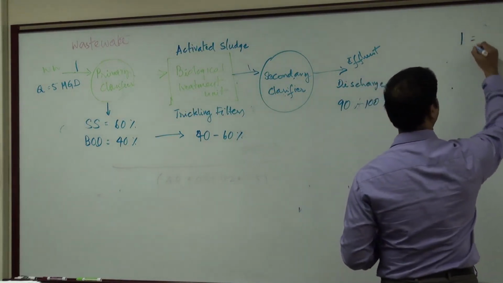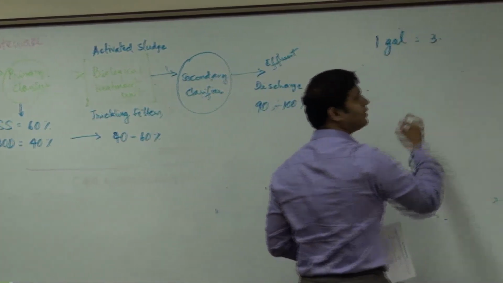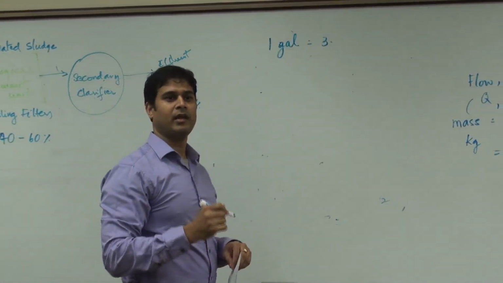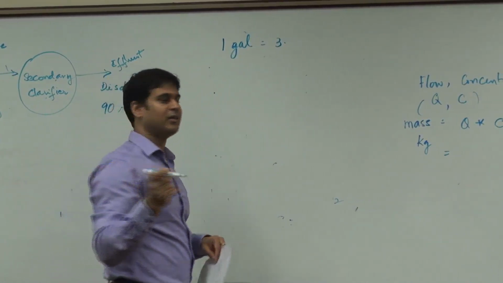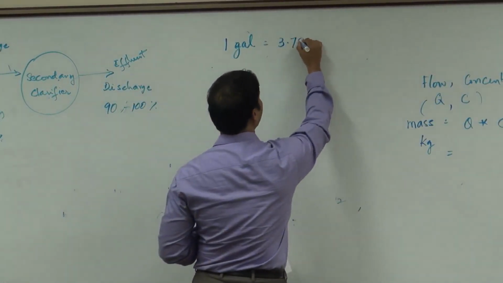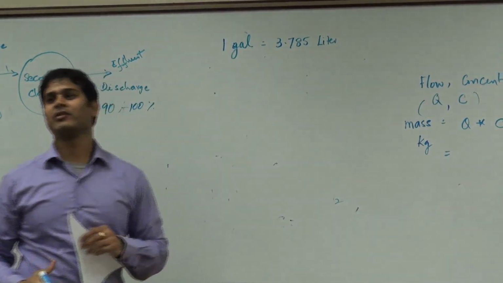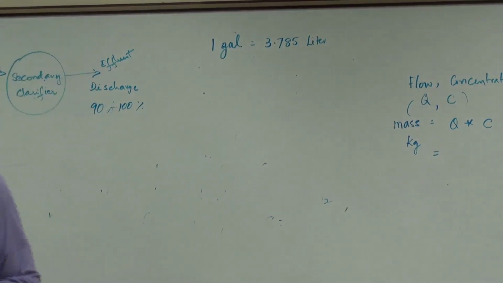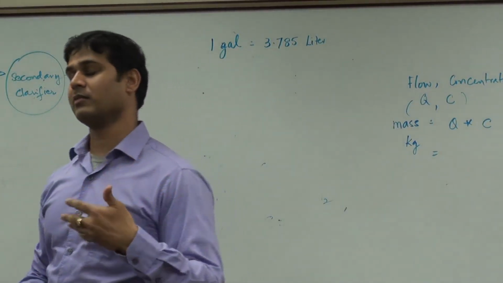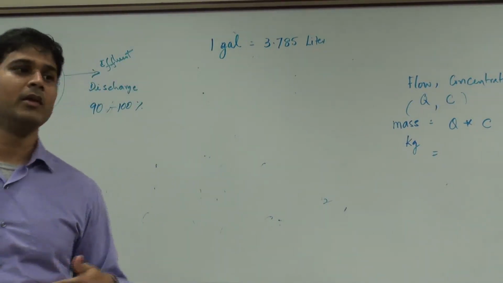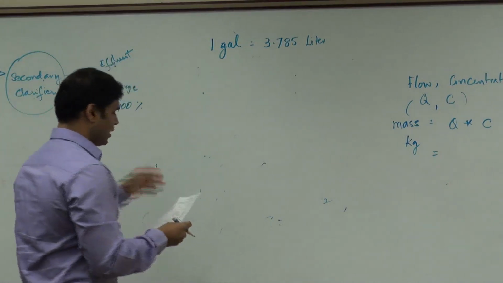So, who knows the answer? 3.9. You're getting close. 3.785. Okay, you got it from the book. So 3.785 liters, and million gallons means 10 to the power 6 gallons. There is a lot of unit conversion involved here.